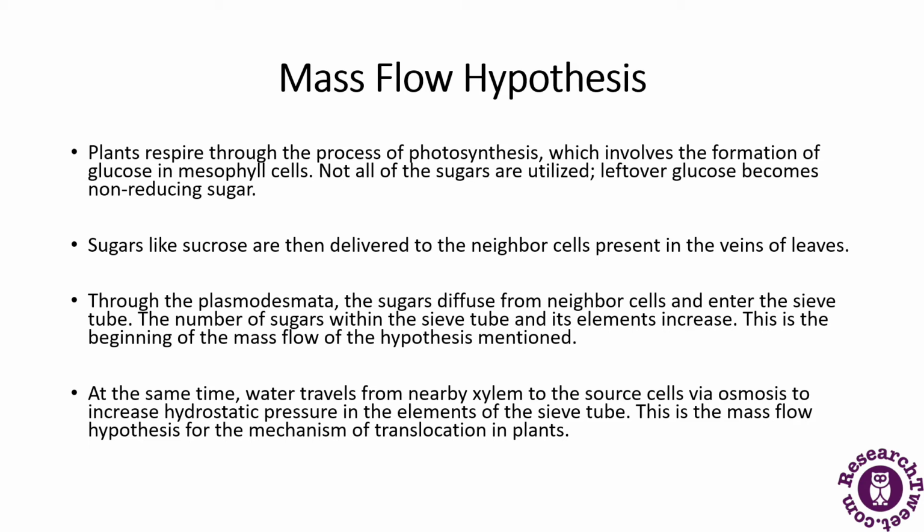At the same time, when the phloem is transporting the food, the water which travels from the nearby tissue through the xylem to the source cells via osmosis creates an increased hydrostatic pressure in the elements of the sieve tube. So this is the mass flow hypothesis for the mechanism of translocation in the plants.